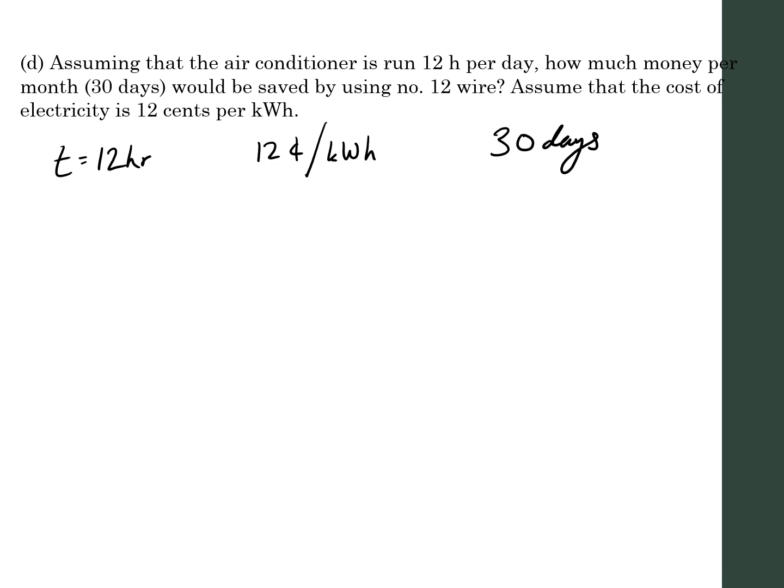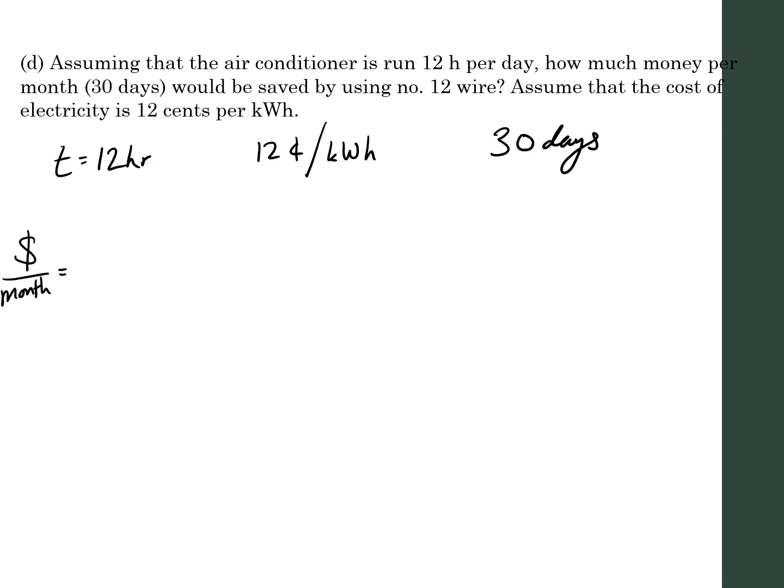So in order to find our power, here we don't have an explicit equation for what we're doing. We're not really finding power, we're finding our money per month.